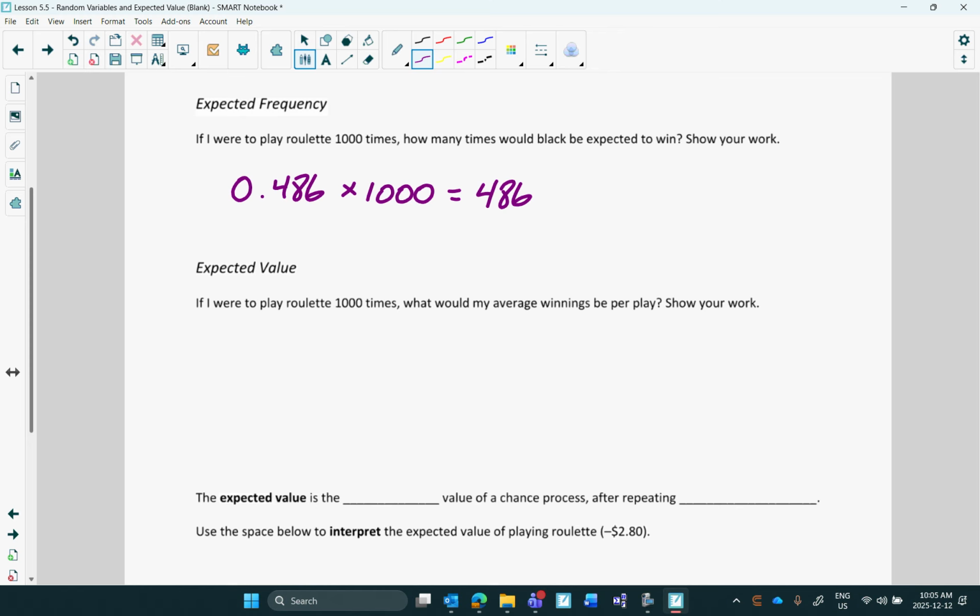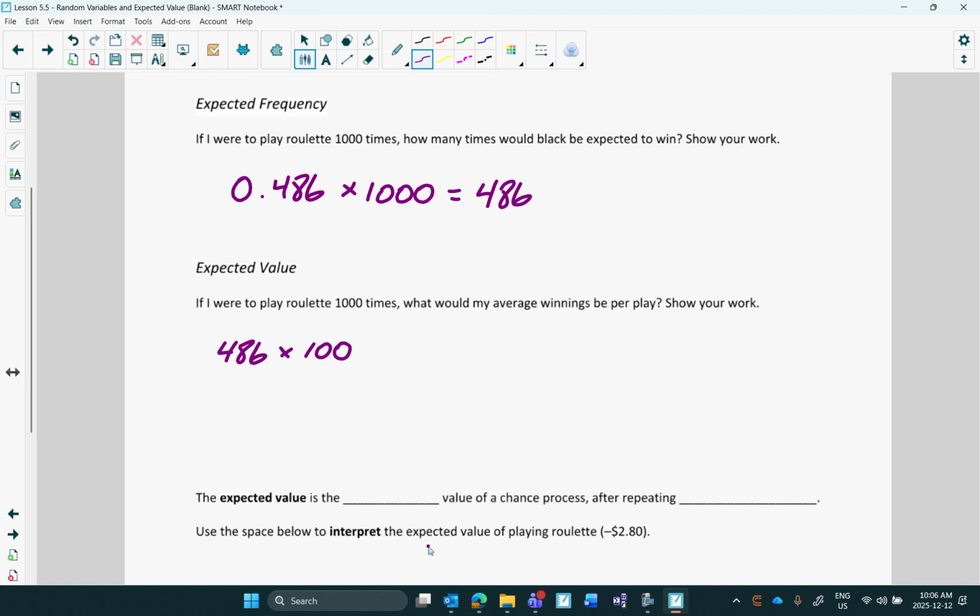Plus 486 times 100 if you win: 1,000 times, you expect to win 486 times, and you win $100 each time.